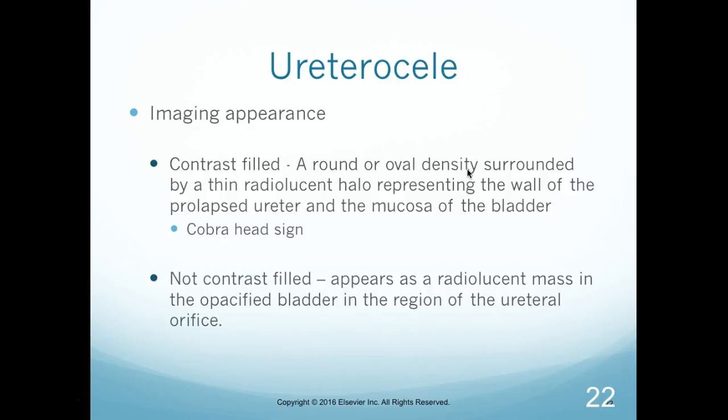So it gives this cobra head sign, and I'll show you exactly what the cobra head sign looks like, and you'll never forget it once you see it. If there's no contrast in there, it appears as a radiolucent mass in the opacified bladder in the region of the ureteral orifice.